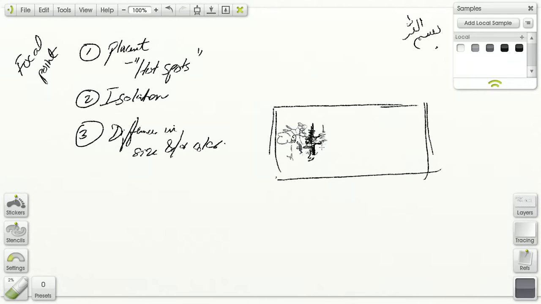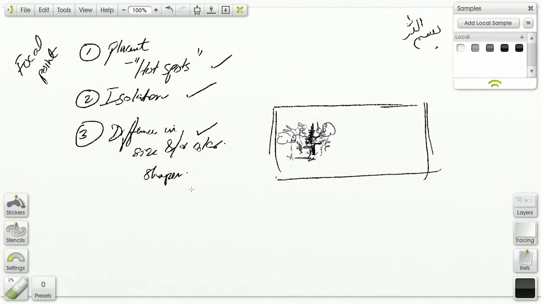So differences in sizes and shades, or sizes and color or shapes even will stand out. If all the trees over here are like this type of tree, and that's the only one that's evergreen type of tree, that tree will stand out. So you can highlight focal points using hotspots, isolating it, or differences in sizes and shapes and color tones.